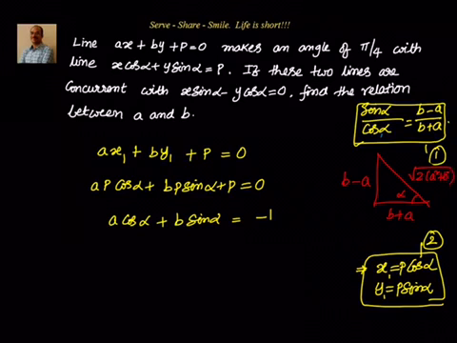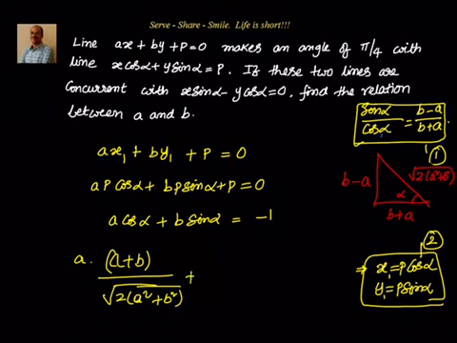Now we can leverage those values and substitute them here. We will do a into cos alpha. Cos alpha is a plus b divided by square root of 2 into a square plus b square, plus b sin alpha, b into b minus a divided by square root of 2 into a square plus b square. This is equal to minus 1.